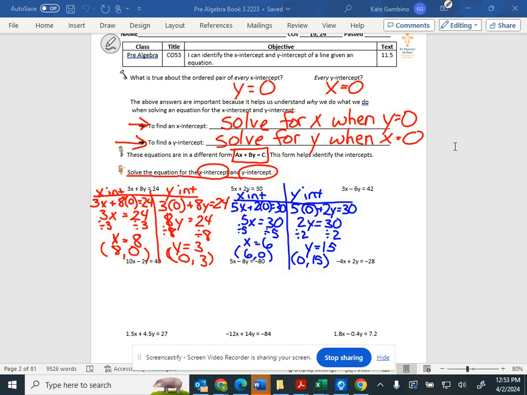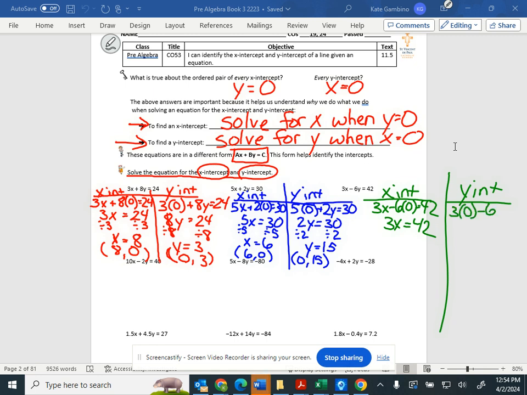For the x-intercept, we would have 3x minus 6 times 0 equals 42. Minus 0, we end up with just 3x equals 42. But for our y-intercept, this is important. We have 3 times 0 minus 6y equals 42.